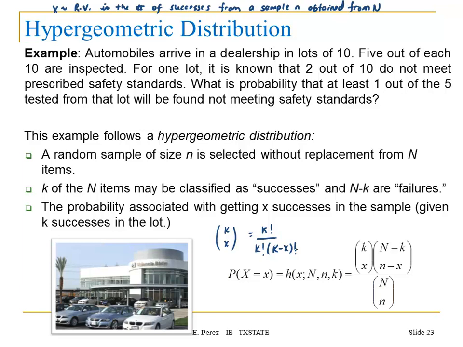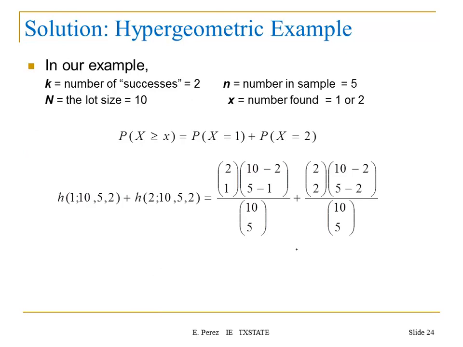So, for each expression, you're going to have to solve this. So for this problem, we have the expression for x equals 1 and the expression for x equals 2. And when solving that, we get a probability of 0.778, which means that probability is almost 78%. So how do you feel about that probability?